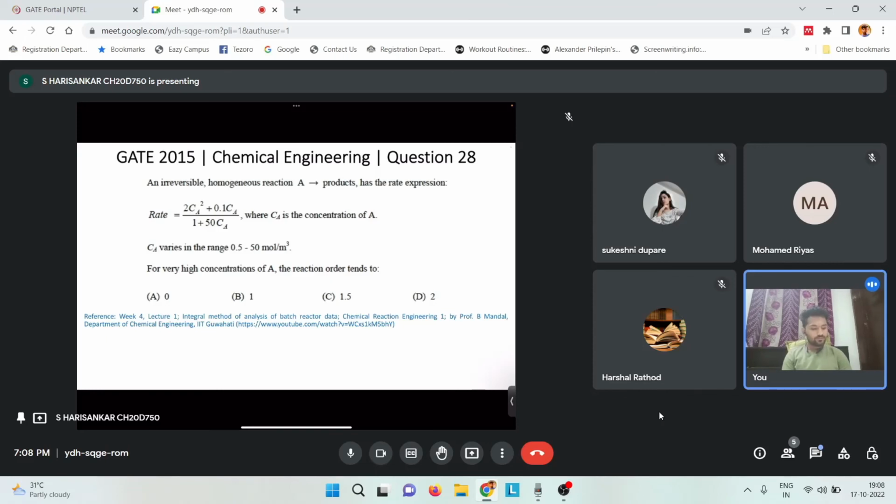So this is a question from reaction kinetics, and the reference NPTEL series can be found in week 4, lecture 1, integral method of analysis of batch reactor data, chemical reaction engineering 1 by Professor B. Mandal, Department of Chemical Engineering, IIT Guwahati. So this order is called as shifting order.